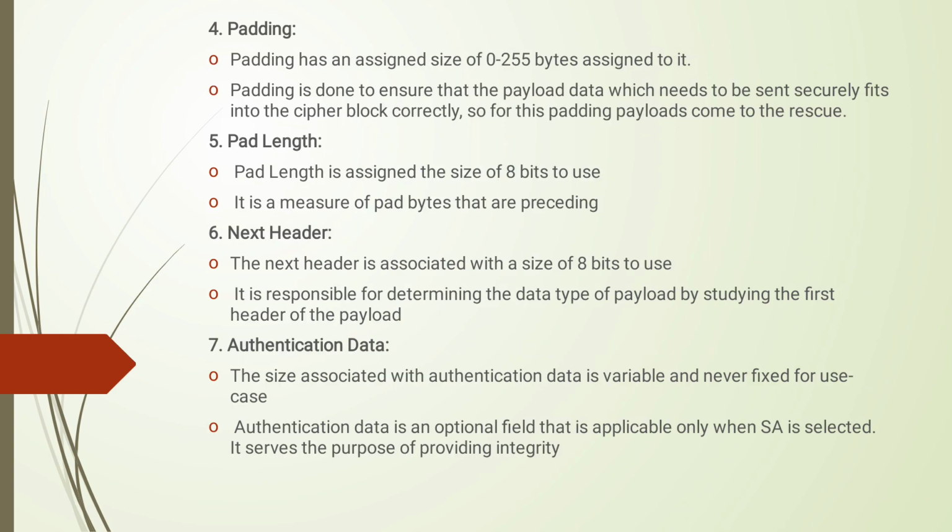And fourth component is padding. Padding has an assigned size of 0 to 255 bytes. Padding is done to ensure that the payload data which needs to be sent securely fits into the cipher block correctly. So for this padding, payloads come to the rescue.